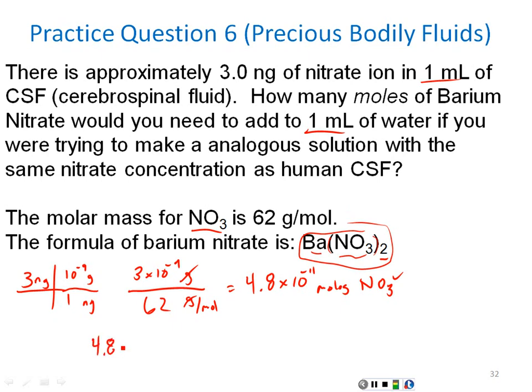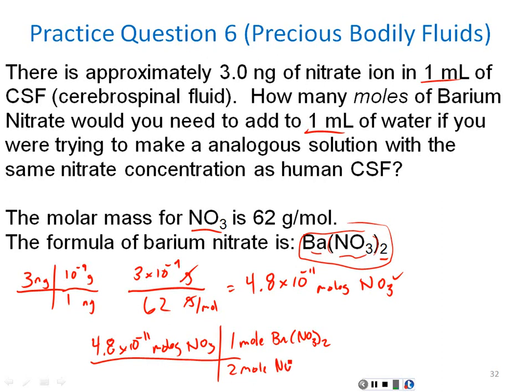So 4.8 times 10 to the minus 11th moles nitrate. And the molar ratio would be 1 mole of barium nitrate contains 2 moles of actual nitrate ion.